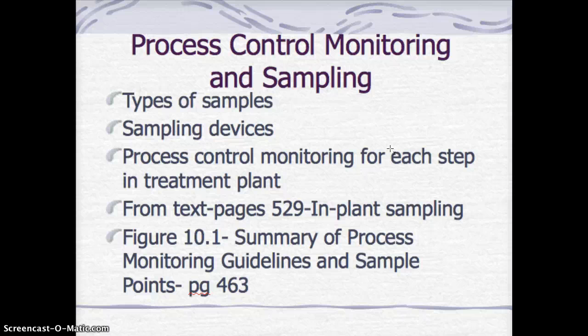Right around page 529, you'll see the in-plant sampling. That will help you with assignment number 1. And then figure 10.1 is the actual figure that you will be using for that assignment. It shows a summary of the process monitoring guidelines and sample points.